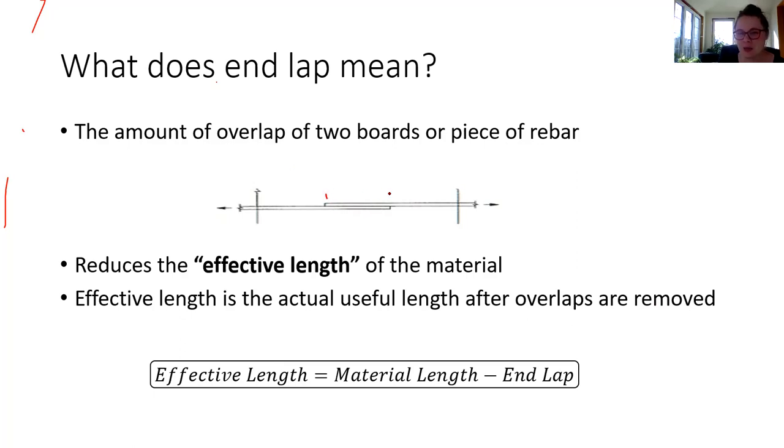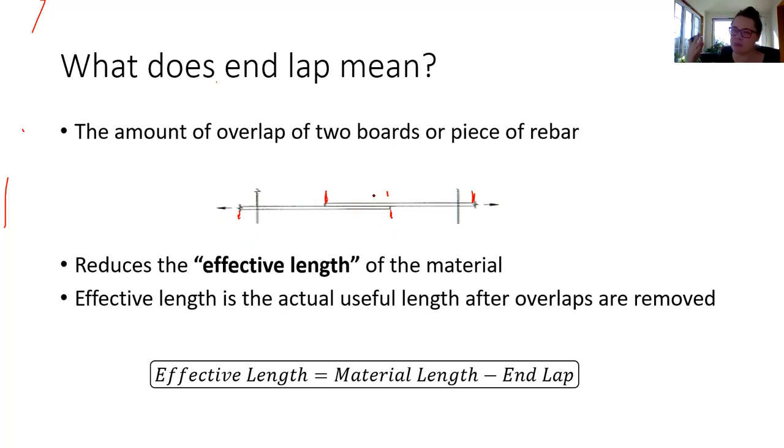So this is our overlap or end lap, and it reduces the amount of material that's in contact. Let's say the board is actually this long, but not that whole length is in contact, and the same for this board. So what we do is subtract the overlap.